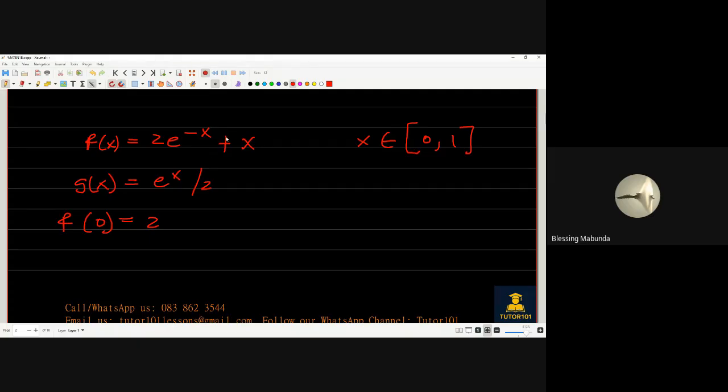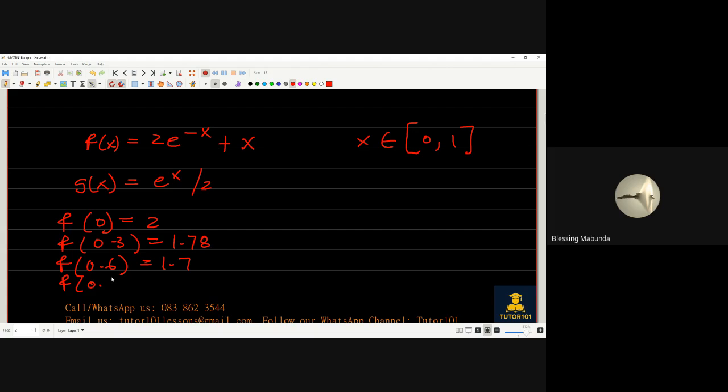All right, that's the next point we can consider. F of 0.3. You sub this value in there, and that's going to give you 1.78. And f of 0.6, and sub that in there as well, and that's going to give you 1.7.